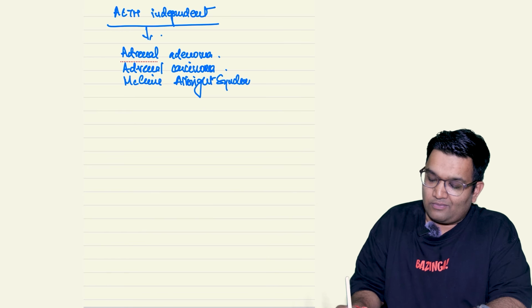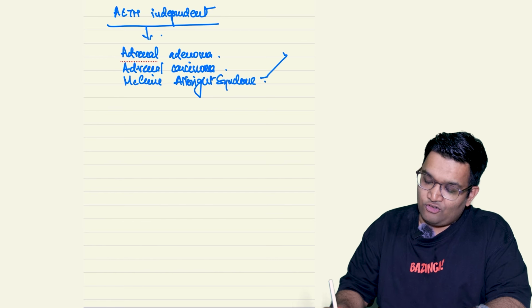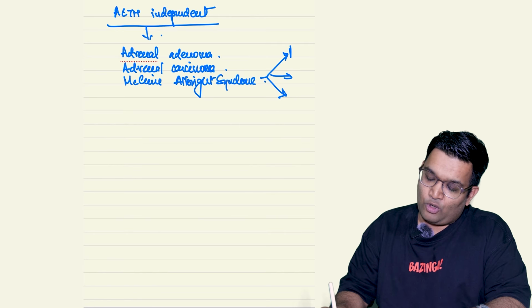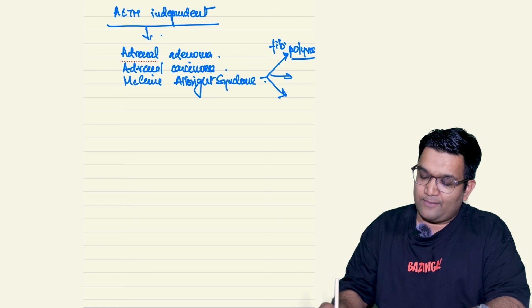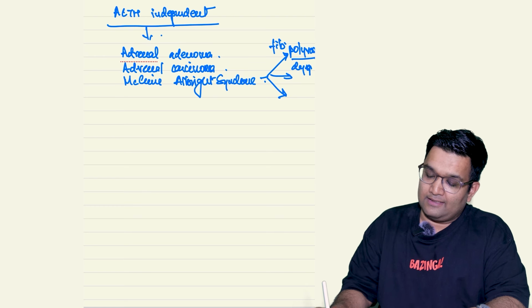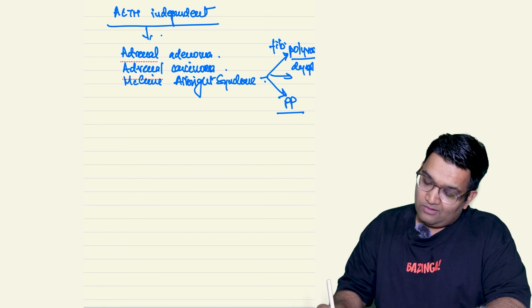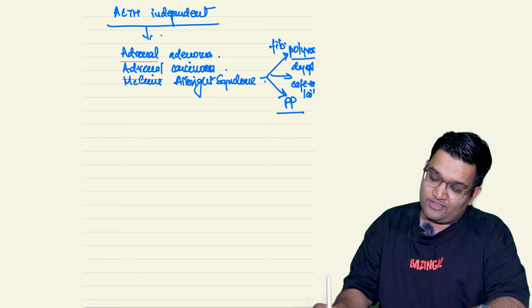McCune-Albright syndrome is very important. It's a triad of polyostotic fibrous dysplasia, precocious puberty, and also cafe au lait spots.